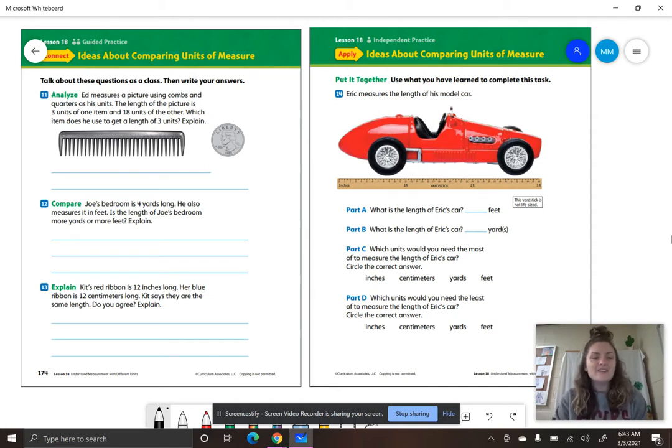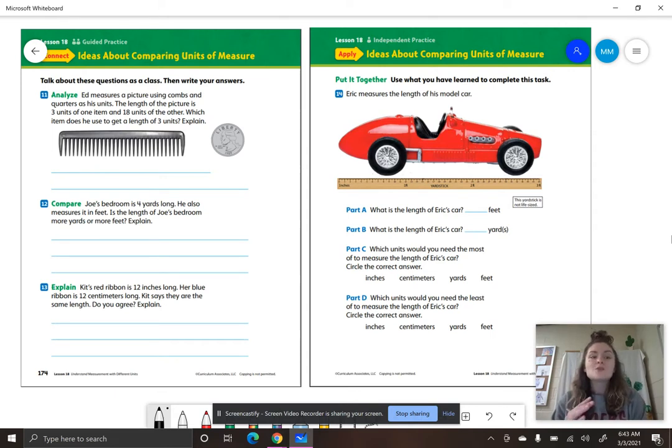All right, number 11. Ed measures a picture using combs and quarters as his units. The length of the picture is 3 units of one item and 18 units of the other. Which item does he use to get a length of 3 units?